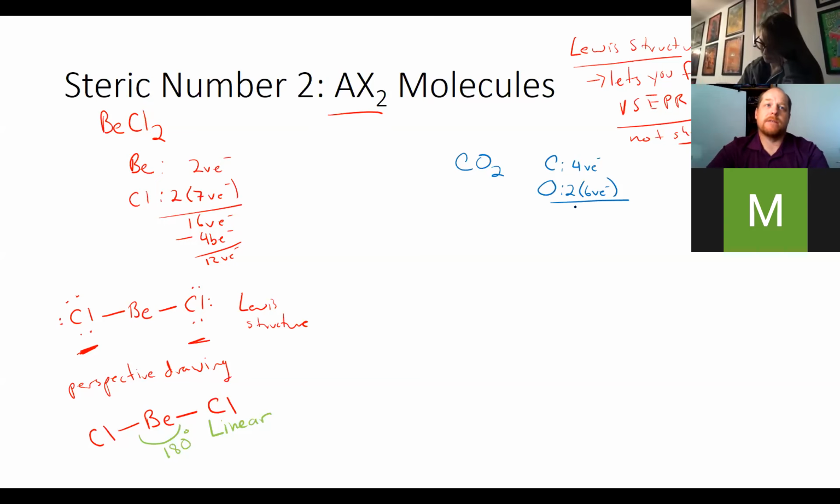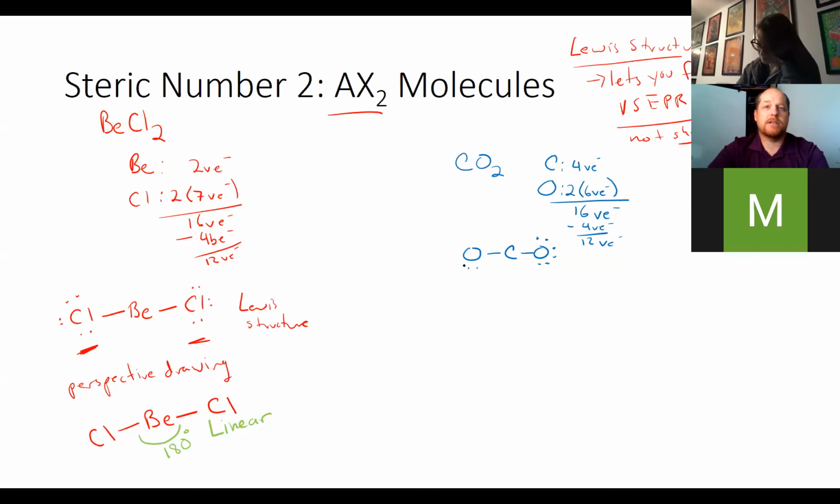So you have a total of, again, 16 valence electrons. We put our carbon in the middle and our oxygens around it. We put in our single bonds, which leaves us with 12 valence electrons left to place, and we start to place them again.